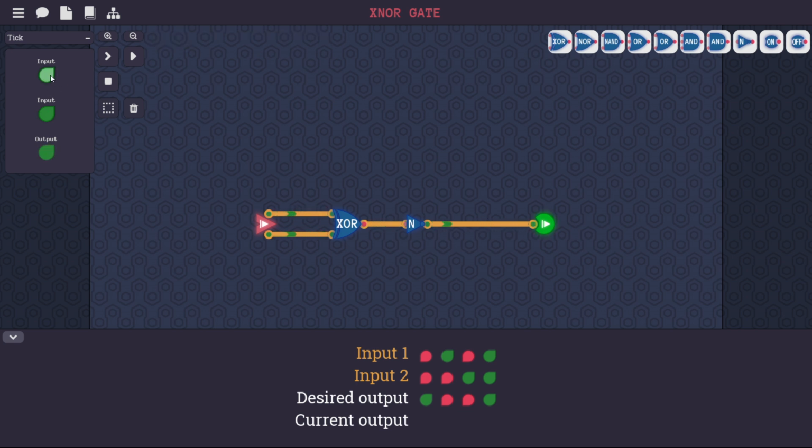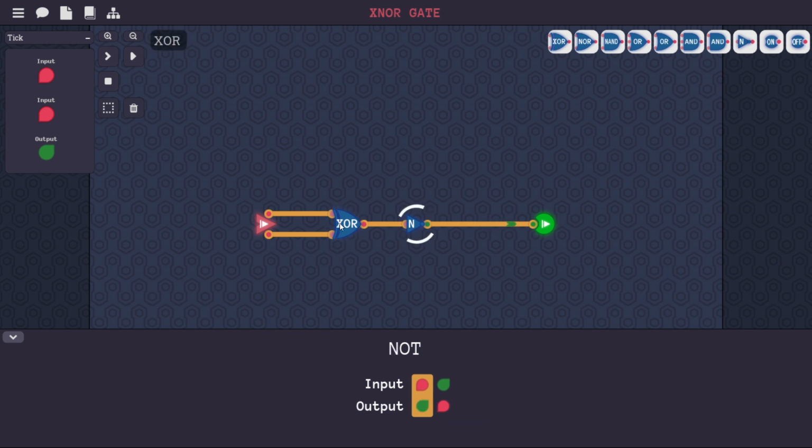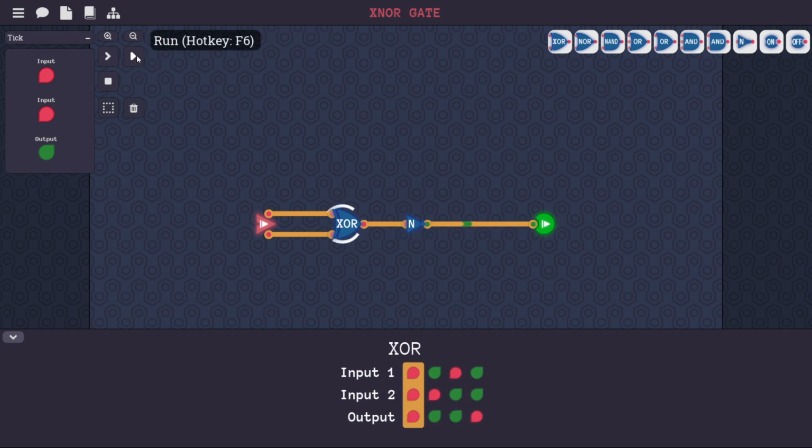If both of the inputs are off, we get an on, and if both of them are on, we get an on, as long as we are comparing if this is the same as this. So on, off is when we get an off. As I guessed, the only thing is just inverting the XOR to get an XNOR, and we can test it.